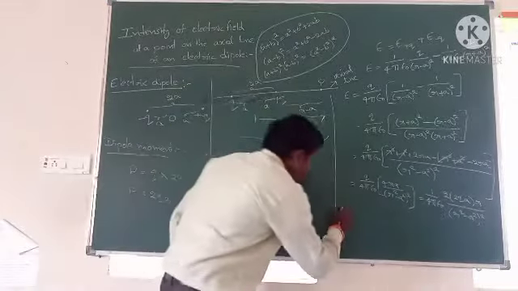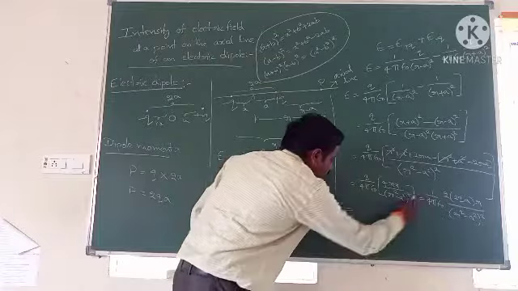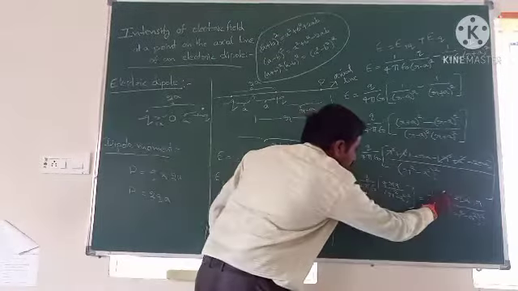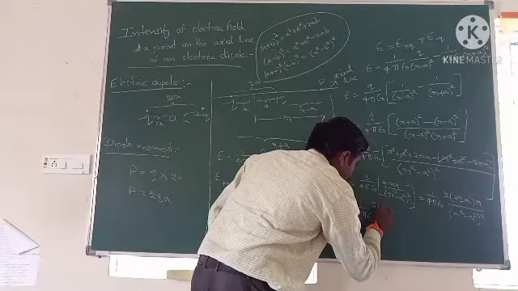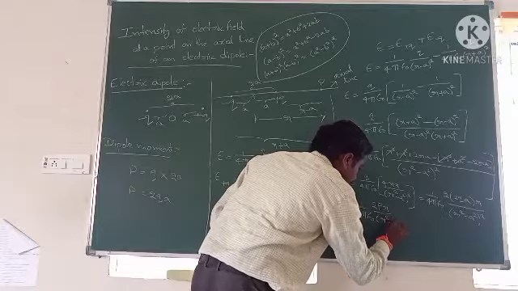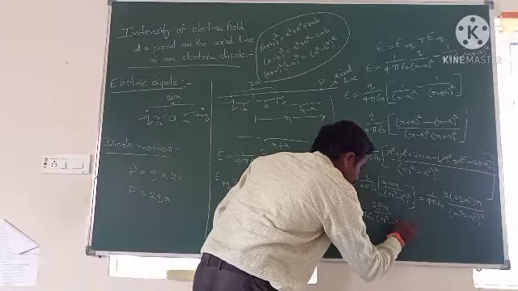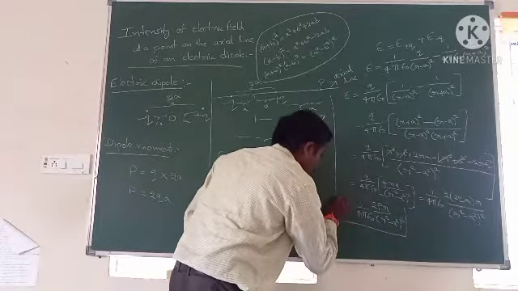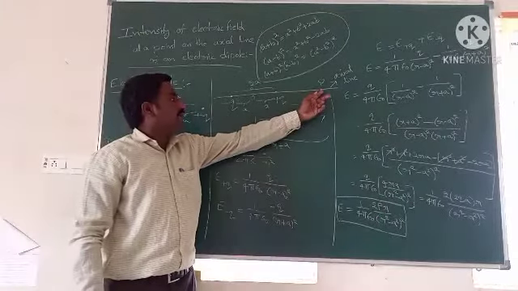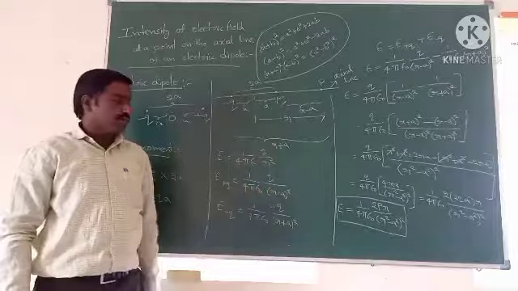Therefore E equals 1 by 4 pi epsilon naught, 2pr by (r square minus a square) whole square. So this is the electric field intensity at a point on the axial line of an electric dipole.